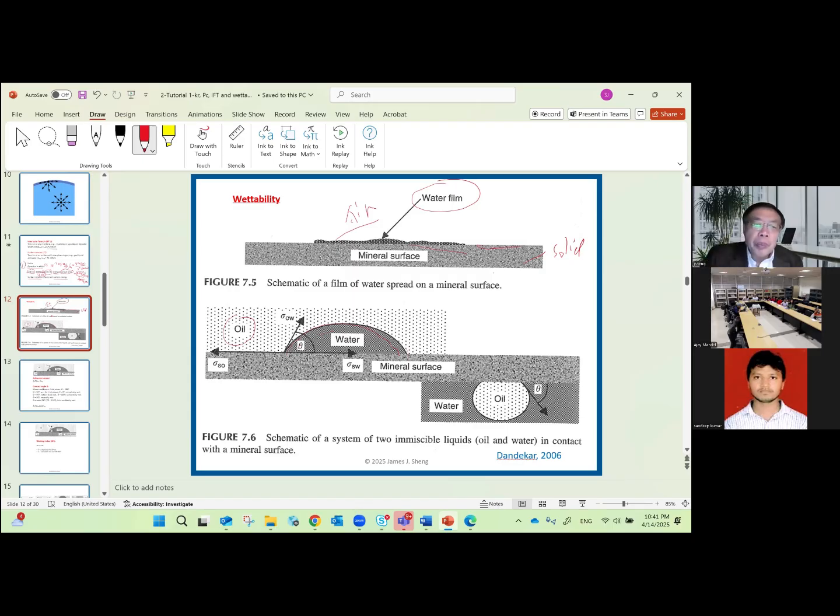But if you put such a solid rock in a container, and outside is oil instead of air, then this water droplet will behave like this. So this water is not completely spread on the rock surface. You have such a droplet standing out.